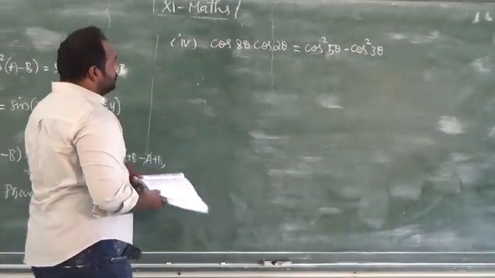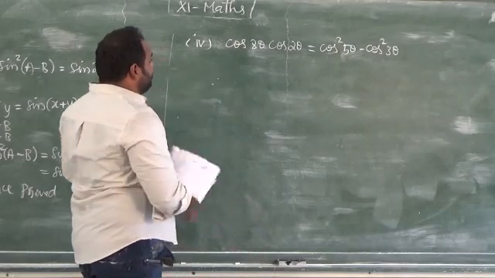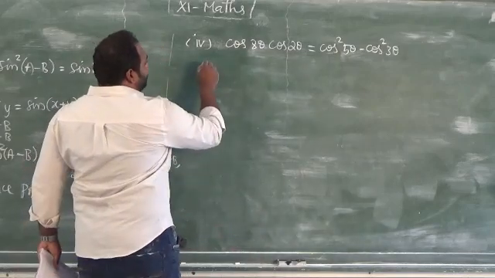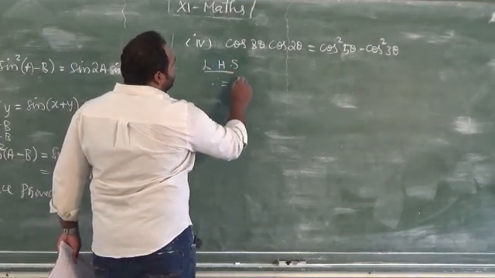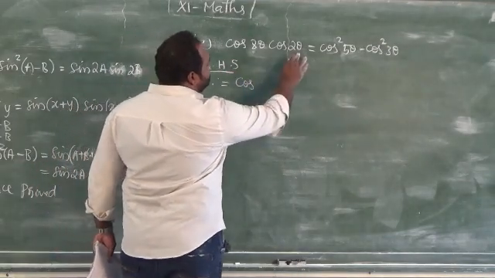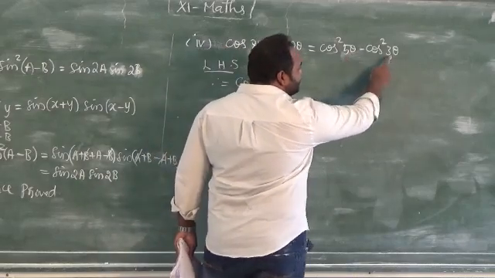So look here, the left hand side. I am going to take the left hand side and prove the right hand side. LHS is cos 8 theta cos 2 theta. In the answer we need to bring 5 theta and 3 theta.